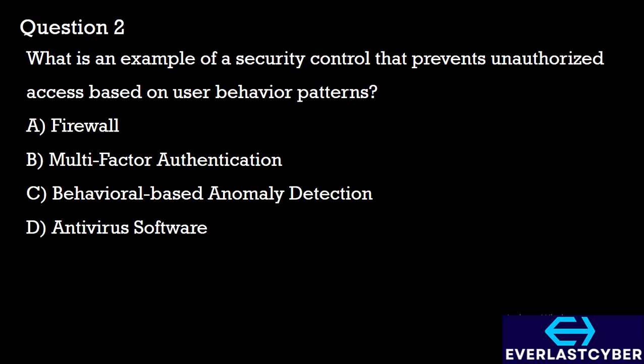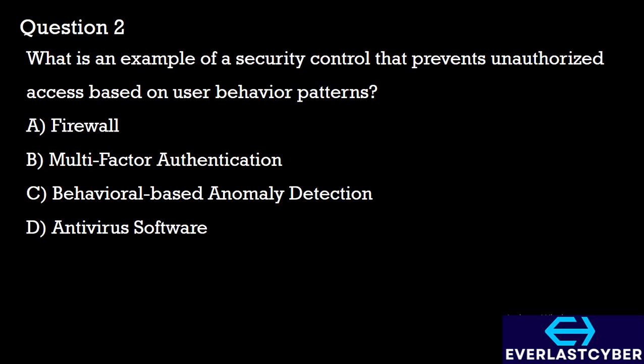Behavioral-based anomaly detection uses machine learning and analytics to monitor user behavior patterns such as their login locations, their typing speed, and their access times. Now, it uses these patterns to detect deviations that may indicate unauthorized access or insider threats.